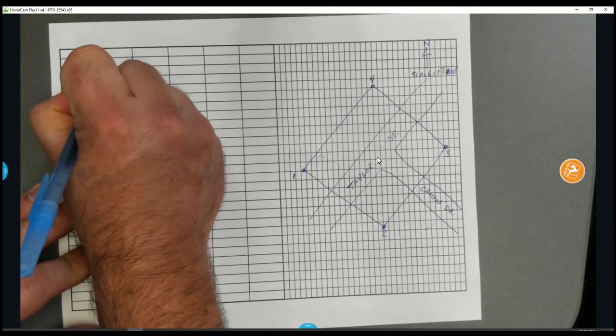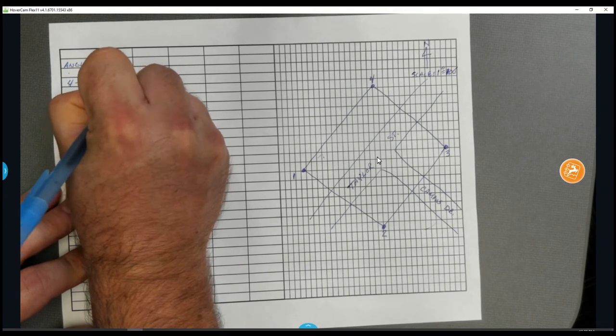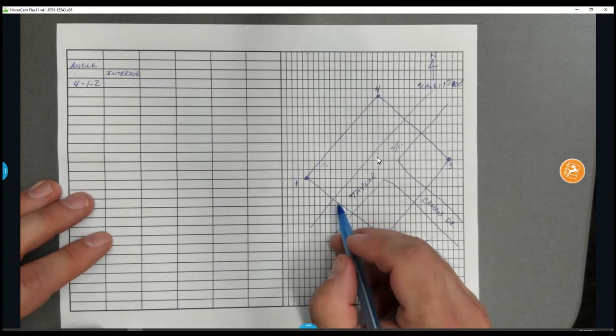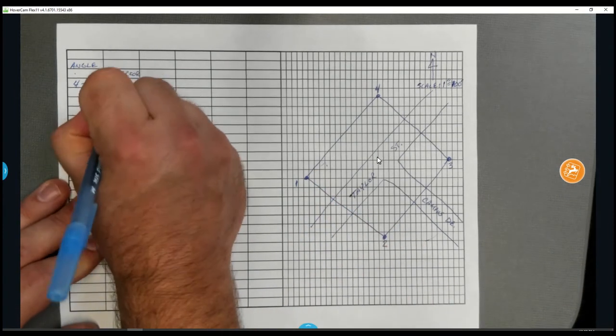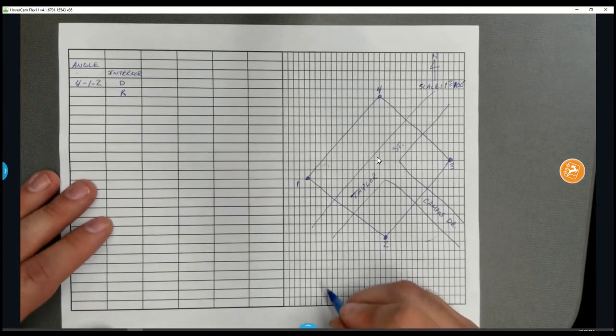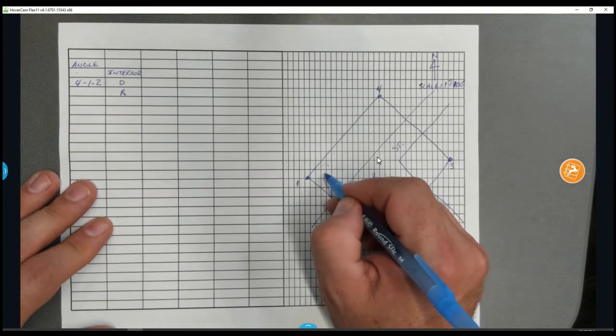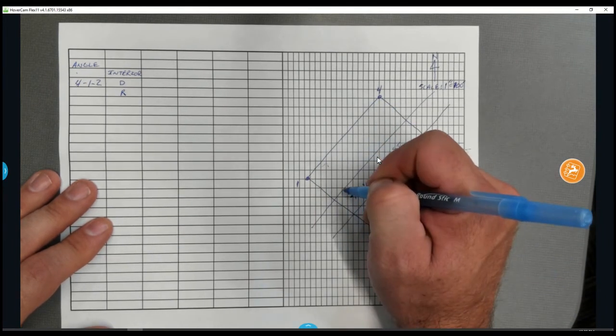I'm going to write down interior here, so I remember which ones are interior angles and exterior angles, so that way I don't mess myself up. Then I'm going to go direct, reverse. So taking a direct shot here, reversing the scope, re-backsighting, taking a reverse shot.